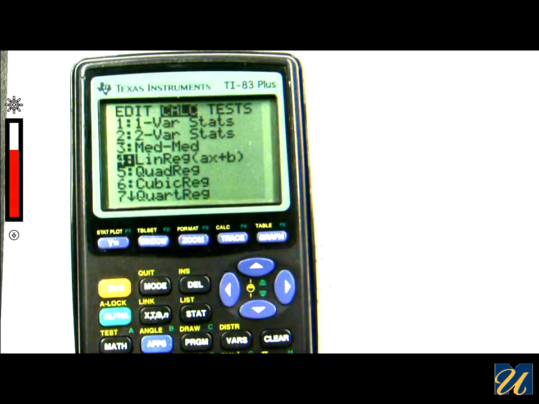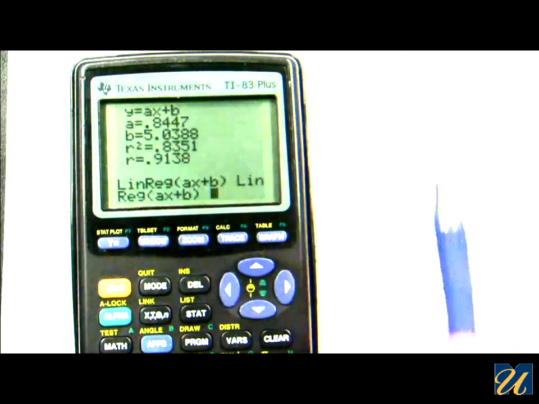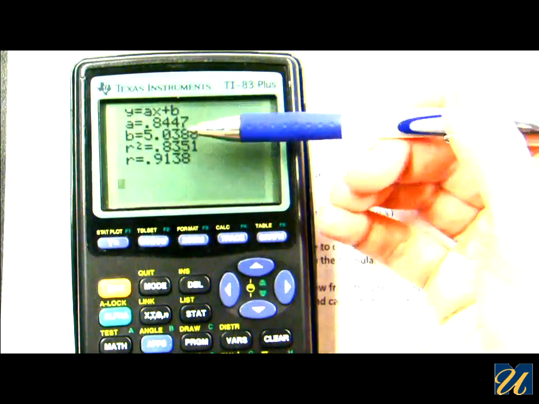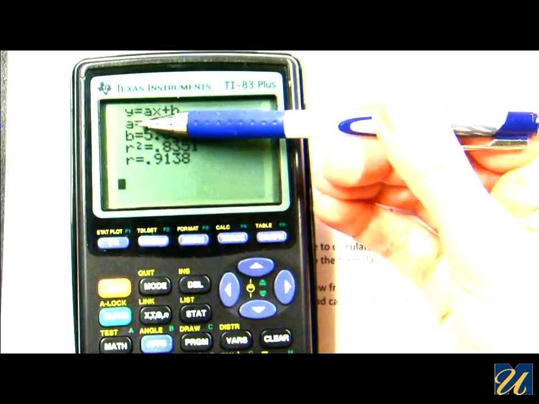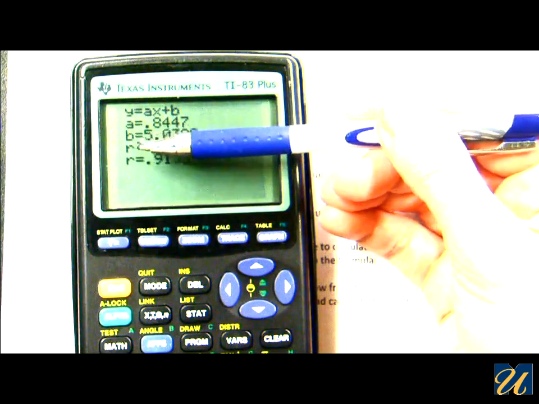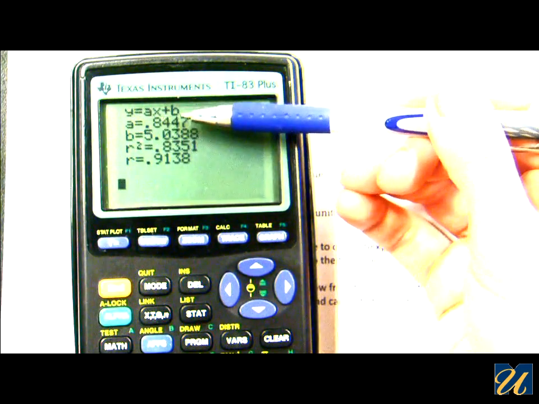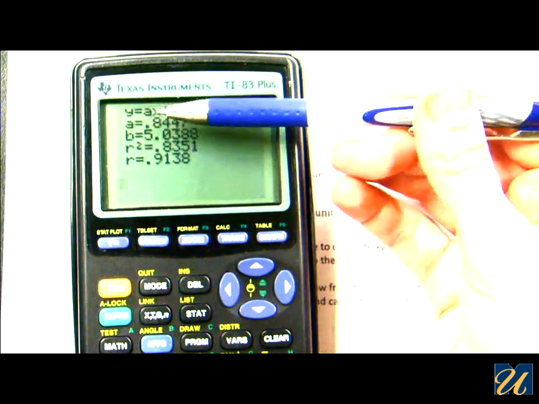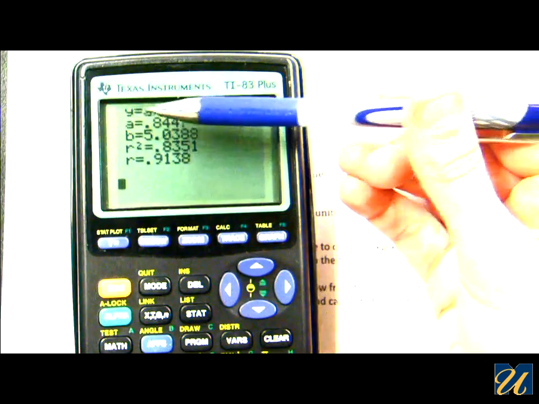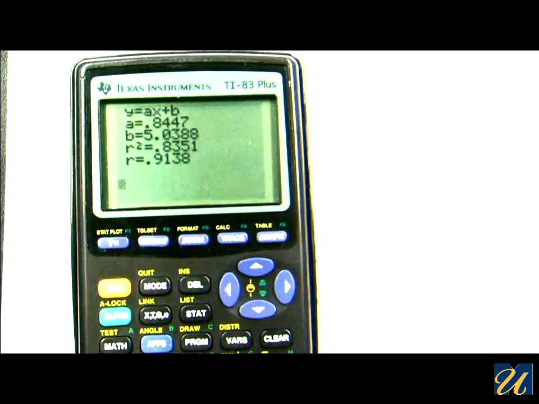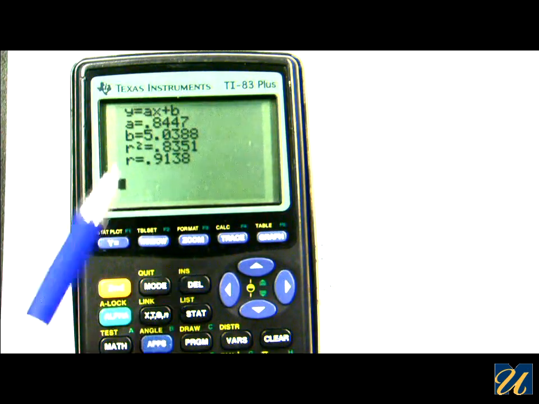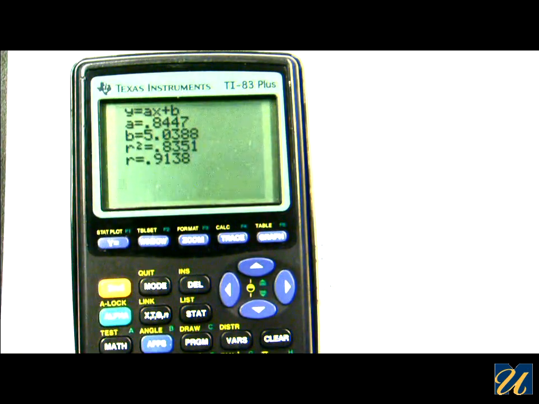You go to number 4, enter. So in this case, you have your a, alpha, you have your b, beta, and you can just form your equation y predicted is equal to ax plus b. Once again, a is your slope, b is your y-intercept. For the y-intercept, make sure that you always include the right sign as given to you in your calculator.